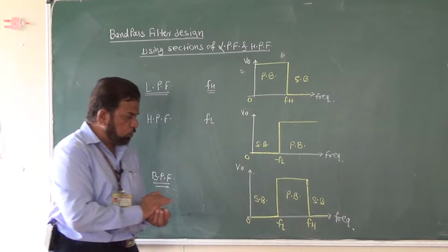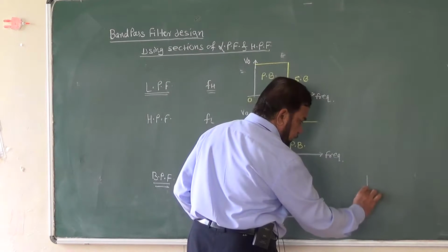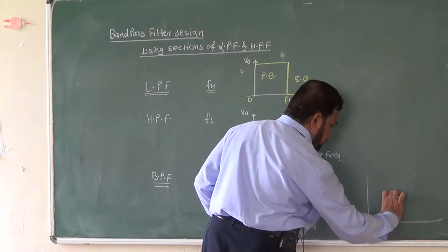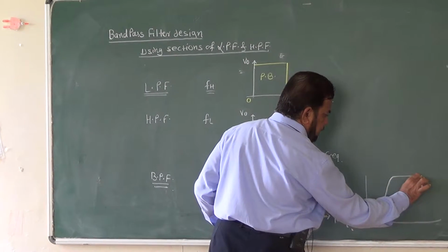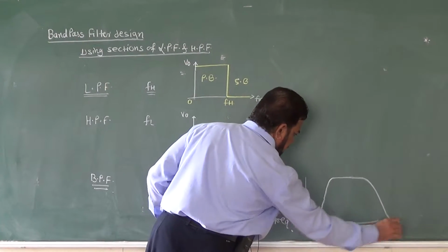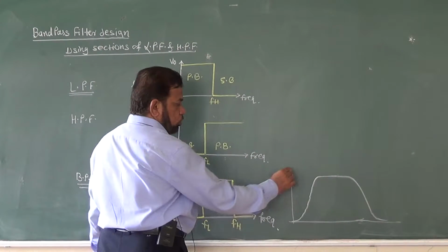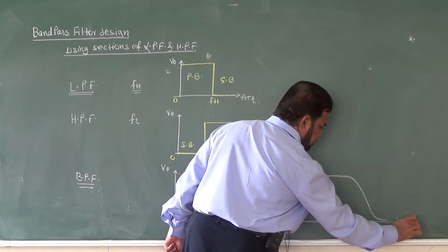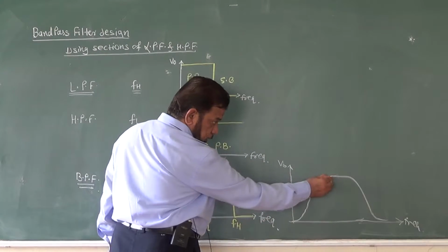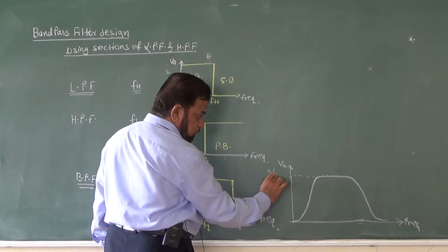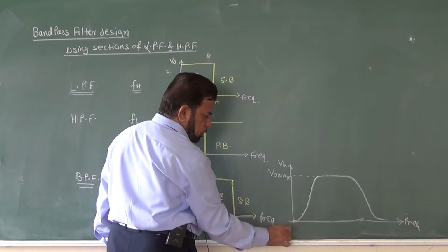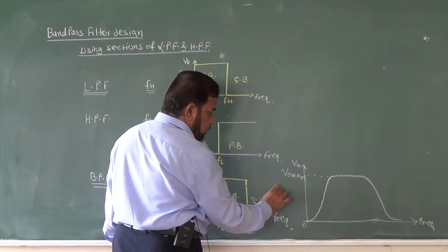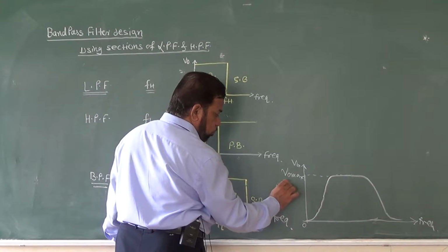Practically if I draw the response of the band pass filter, then that response will be like this one. Initially there is attenuation. As frequency increases, then the circuit will transmit that range, and again there is attenuation band. So this is your nature, that is the V0 versus frequency. So this is the maximum gain, VO max. So in order to calculate that pass band range, I will multiply this VO max by 0.707.